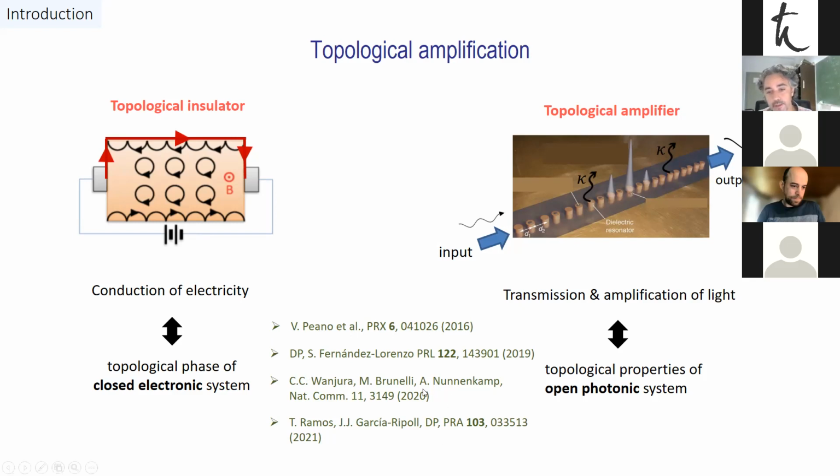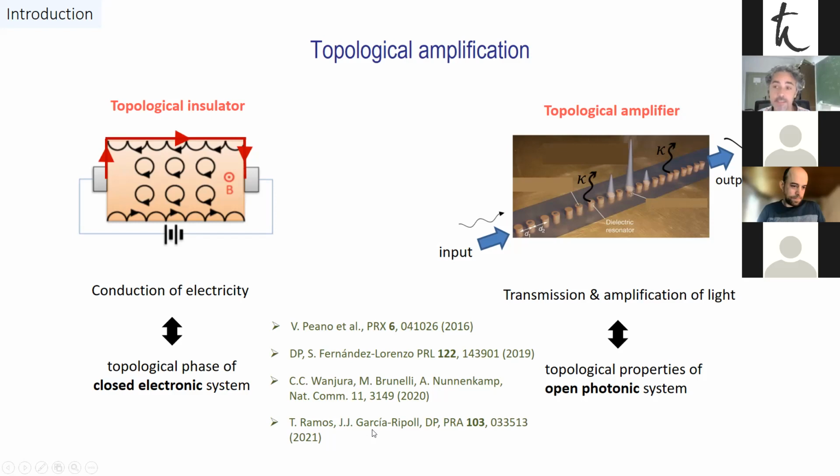And we have built on this idea to construct a mathematical formalism that allows us to describe this input-output theory in terms of topological invariants. This is what was presented in these 2019 and 2021 papers.